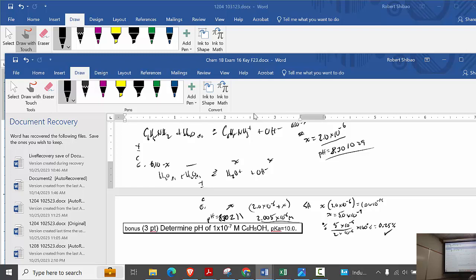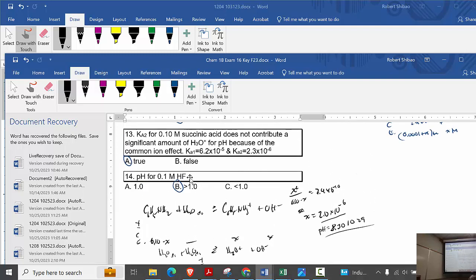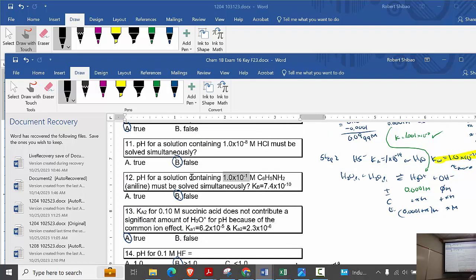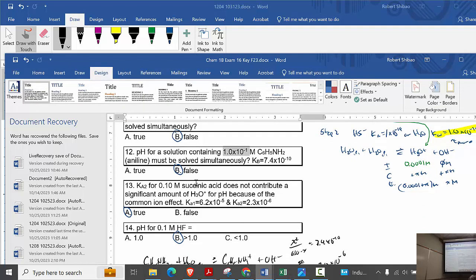And arguments can be made for both, so in that case, this one wasn't so clear cut. The same thing with 13. And just because of the higher concentration here, at the lower concentration, definitely it has to be solved simultaneously.